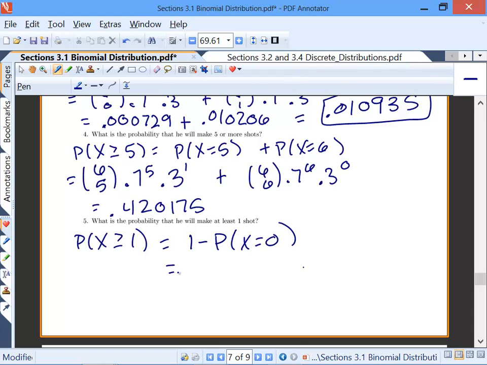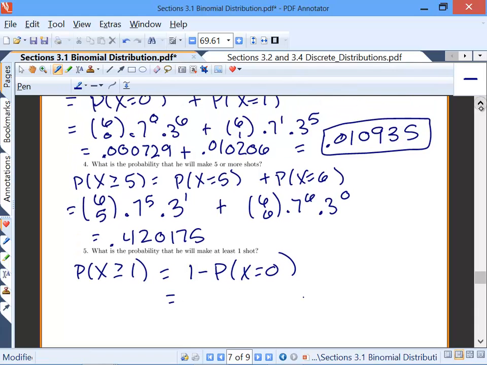And I think we already found that somewhere, didn't we? So 1 minus 0.000729 is 0.999271.